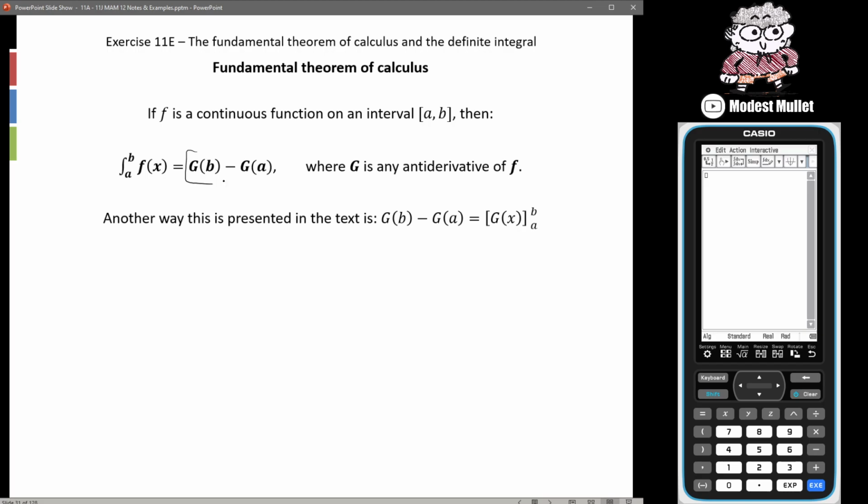Another way that we write this, because g of b minus g of a can get a little confusing, is we generally write it like this, where g of x is equal to the antiderivative, we put square brackets, and again we put the furthest left point down the bottom and the furthest right point up the top, and then you can substitute that in.